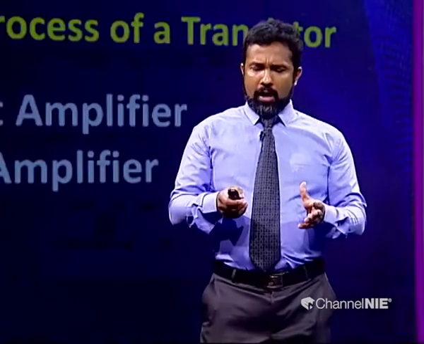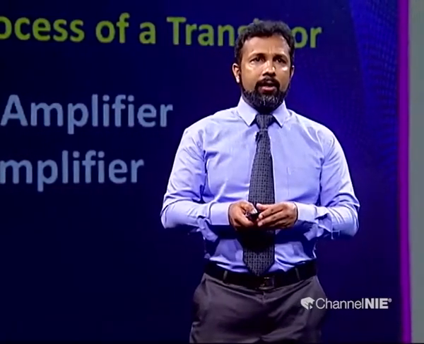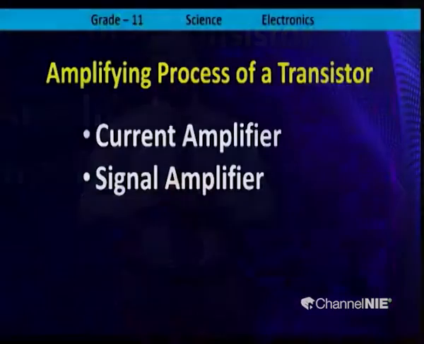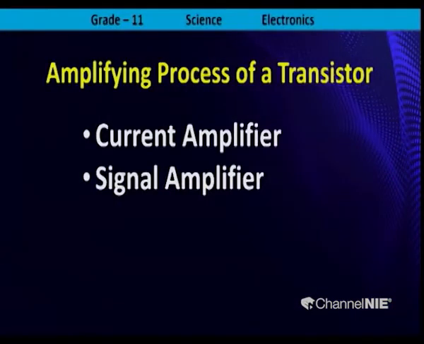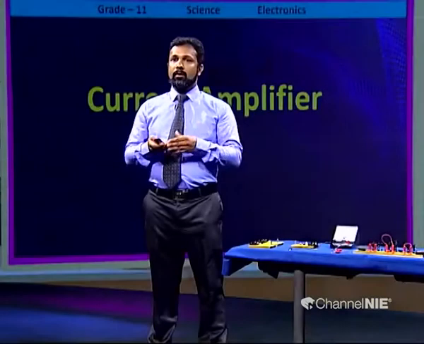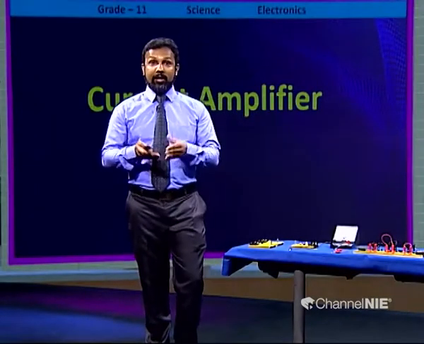Then we are going to focus our attention on the amplifying process of a transistor. There are two instances. What are they? Current amplifier and signal amplifier. First of all, let's study about the current amplifier.